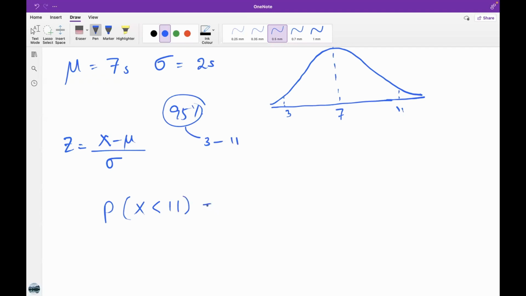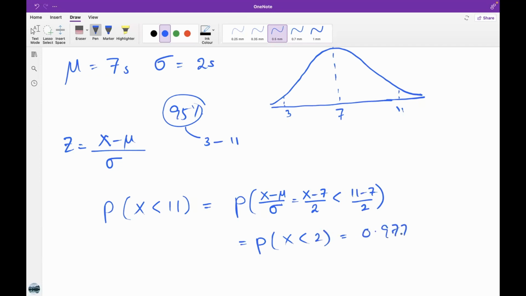Probability of x less than 11, I transformed this x to a standard normal: probability of (x minus mu) divided by sigma, that is x minus the mean 7, standard deviation 2, less than 11 minus 7 divided by 2. So I got the probability of Z less than 2 as 0.9772.